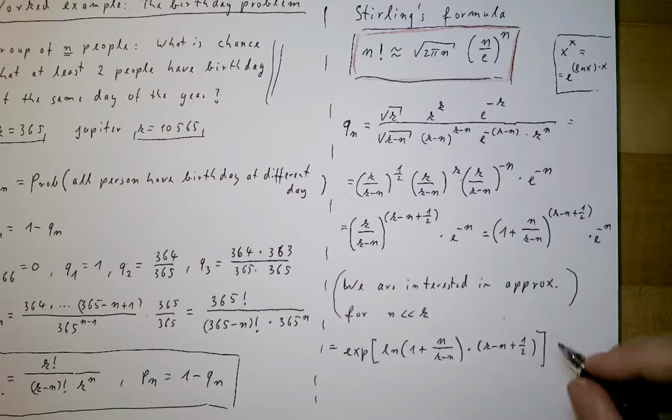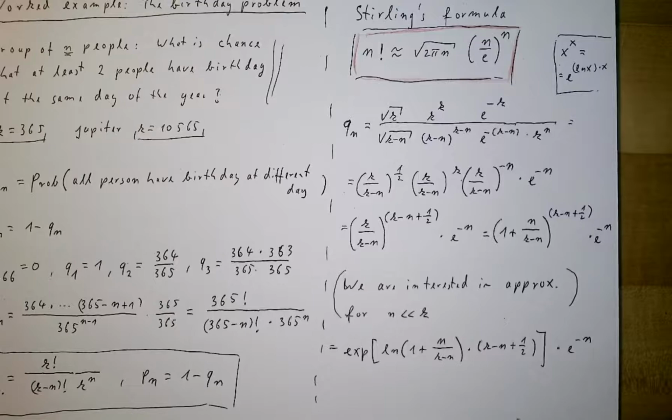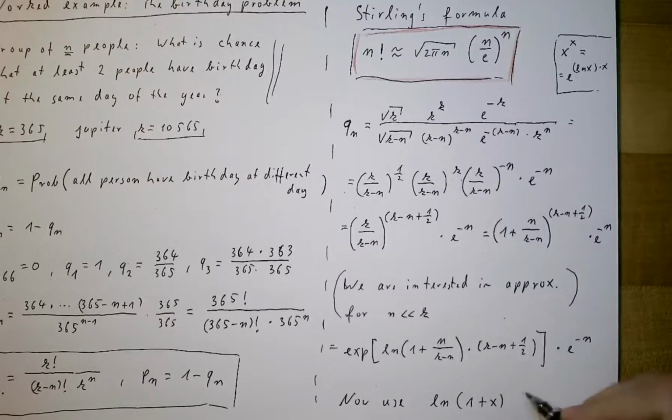That's the exponential finished, and then we still have the term e to minus n. Now we have a logarithm of 1 plus a small number, so we can use a Taylor expansion. The logarithm of 1 plus x is something like x minus x squared over 2.